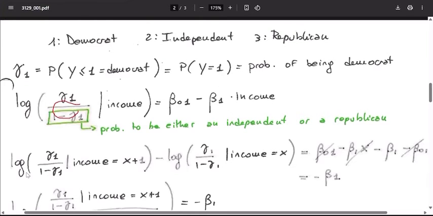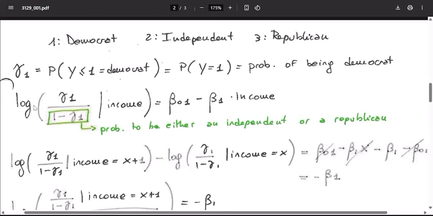Please pay attention. There's something I want to do now. I want us to have a sense of interpreting a change in income. To do that, let us assume that our income is X. And what if there's a unit increase in income?